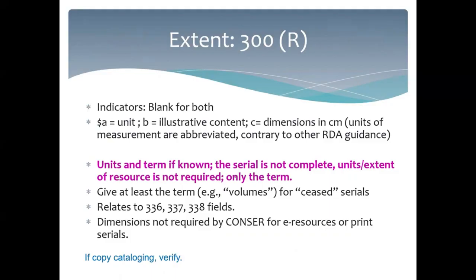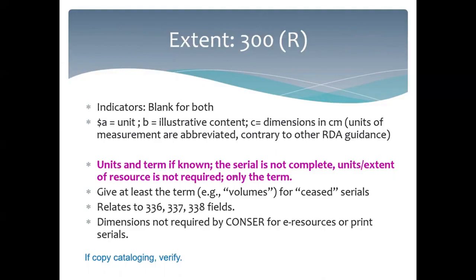Sometimes it can be inches, but for print, it's going to be centimeters. Centimeters is a unit of measurement, and so units of measurement are abbreviated, and that's contrary to other RDA guidance in terms of abbreviations. So if you just remember units of measurement are abbreviated, that kind of solves that, whether or not you need to write out the word or not.